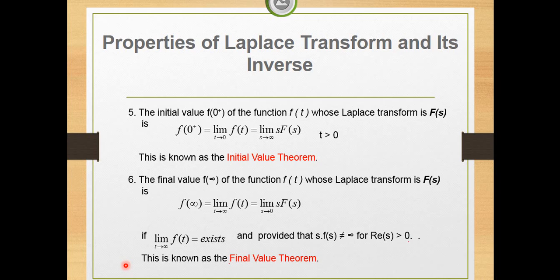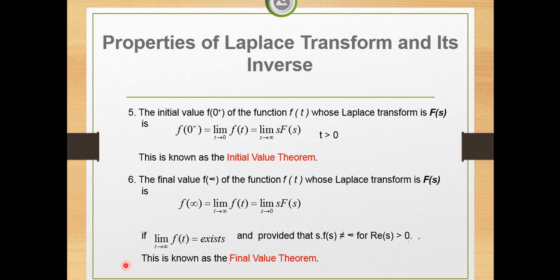If it's t, then that's y of t. You have to substitute 0 for those t's, and then you will know the initial value of the function. As for the final value of the function, just like in the previous example, you will substitute infinity for all the t's that you see in that particular expression for y of t or y of x.